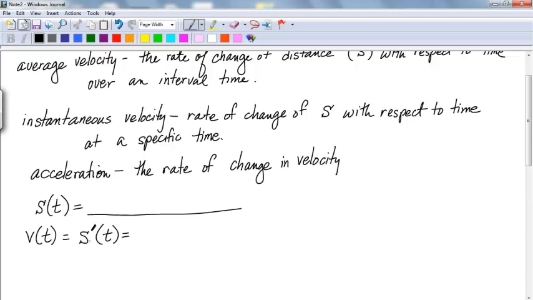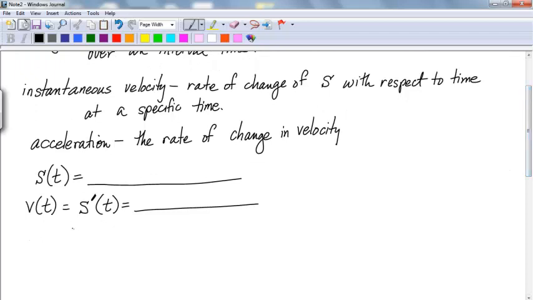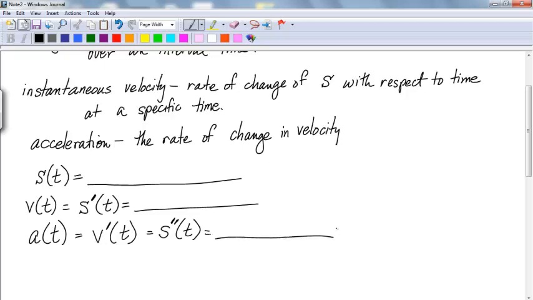V of t is the same as the first derivative of distance. And then if you take the second derivative of distance, S double prime of t, that is actually the first derivative of velocity, and it is acceleration. So if they give you distance, first derivative is velocity, second derivative is acceleration.